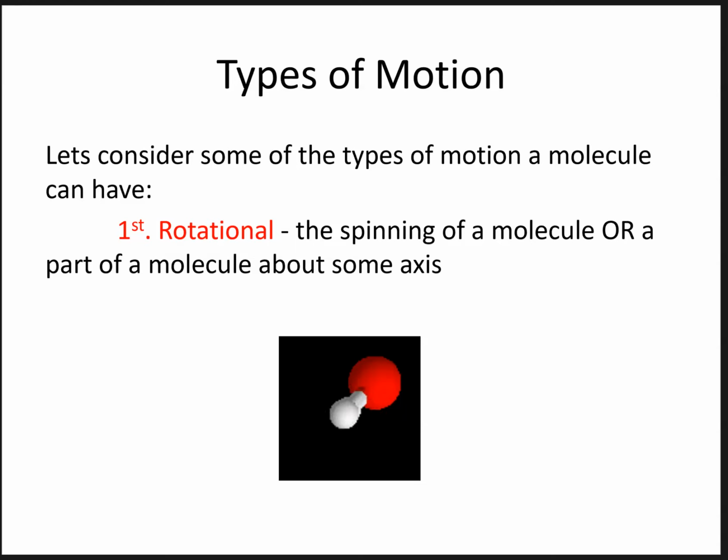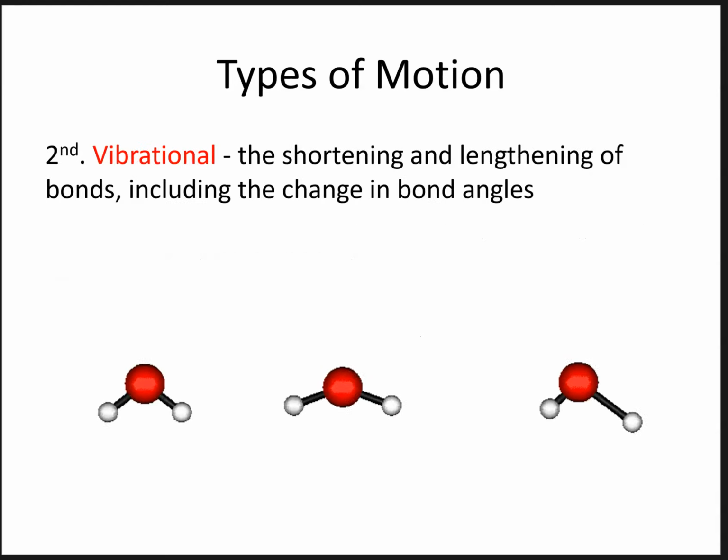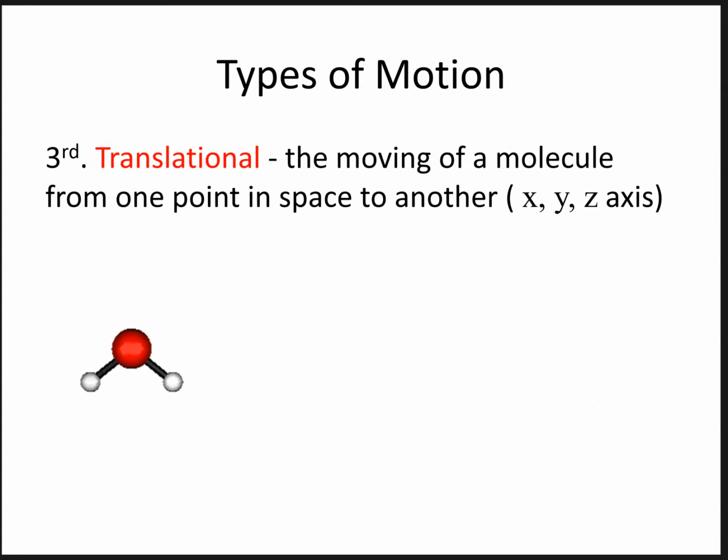Next, there are vibrational modes of entropy, that is, we have molecules with bonds, and these bonds can be stretching either symmetrically or asymmetrically. And finally, we can have the energy of movement from one point to another. These are all ways in which molecules can express energy.